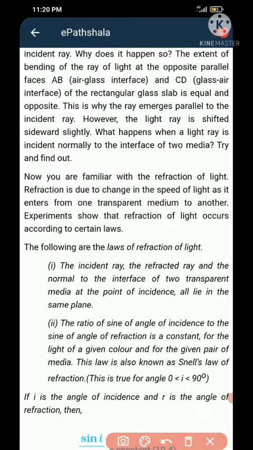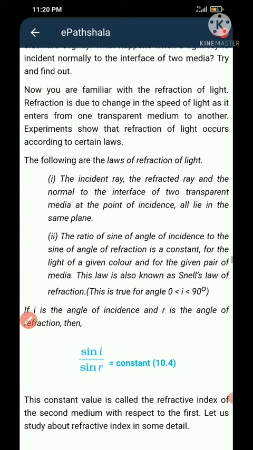Experiments show that refraction of light occurs according to certain laws. Like the law of reflection, there are also two laws of refraction, which are a little bit the same, but the second one is different due to the rarer and denser medium. The first one is the same: the incident ray, the refracted ray, and the normal to the interface of the two transparent media at the point of incidence all lie in the same plane.